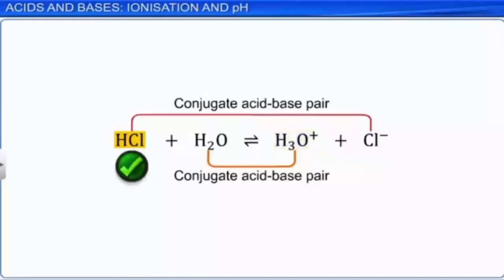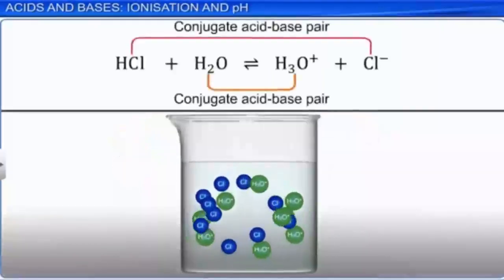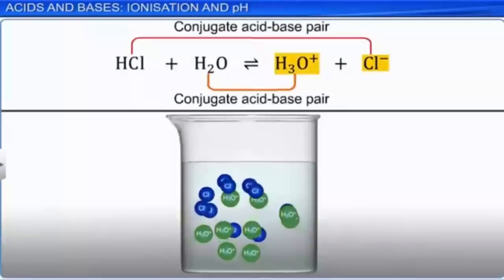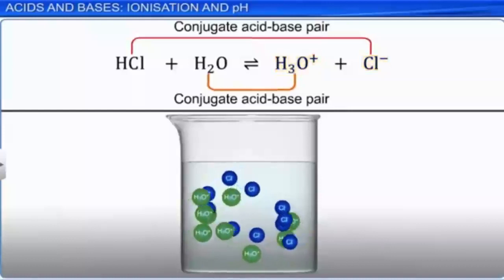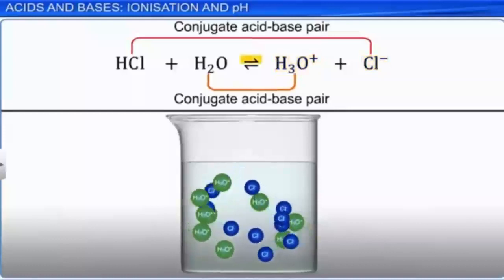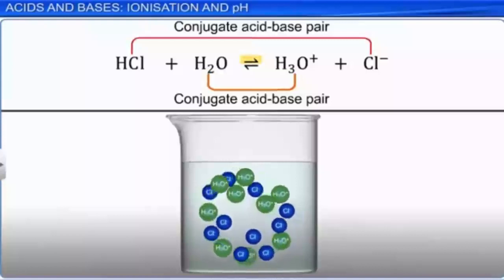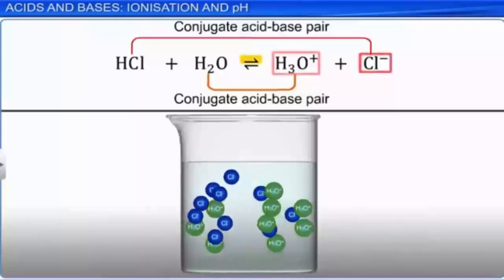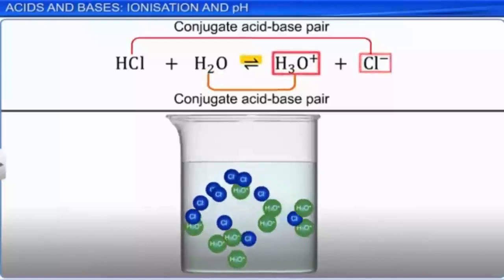This is because HCl shows a greater tendency to lose protons than the H3O+ ion, and hence, the solution primarily contains Cl- and H3O+ ions. Generally, the equilibrium will shift in the direction of the weaker acid, and the resultant solution mainly contains Cl- and H3O+ ions.